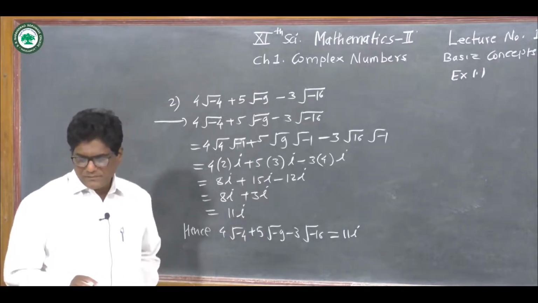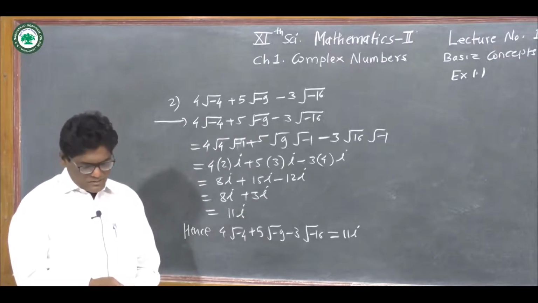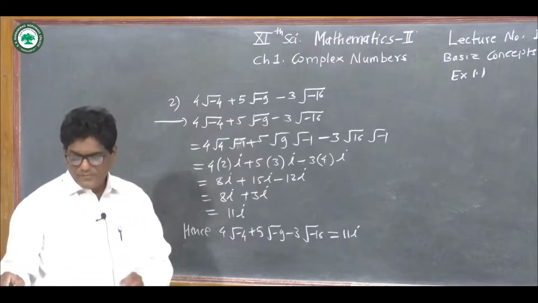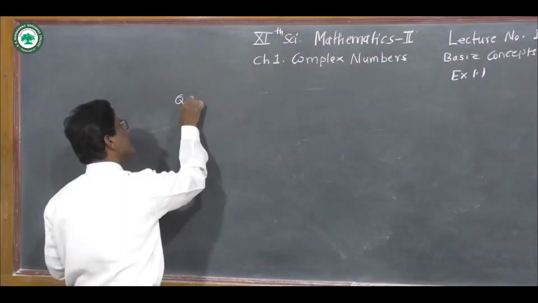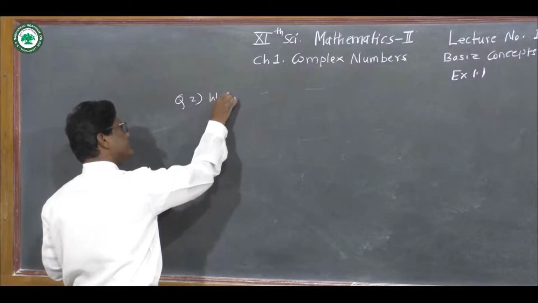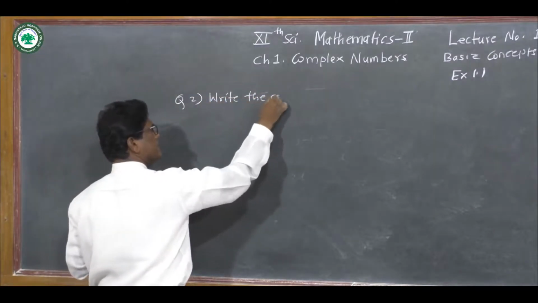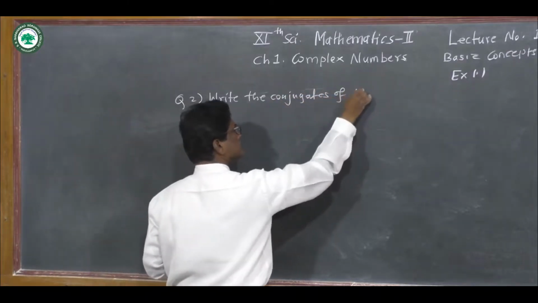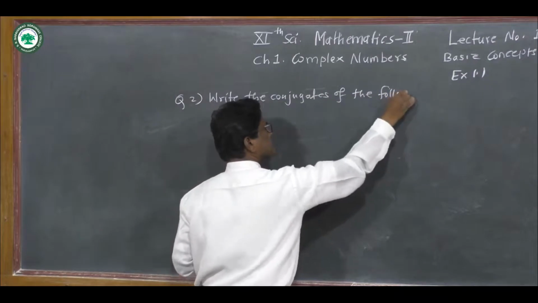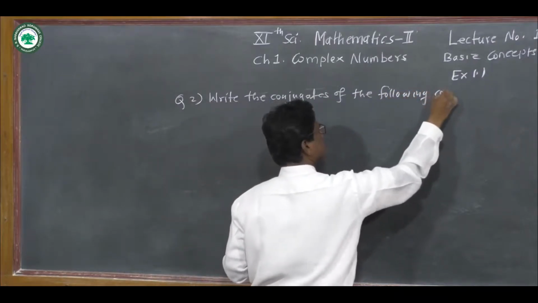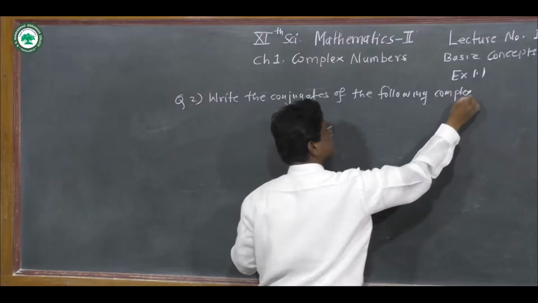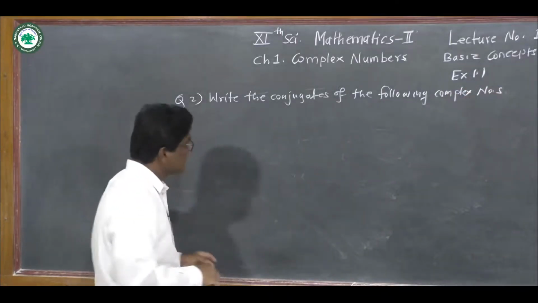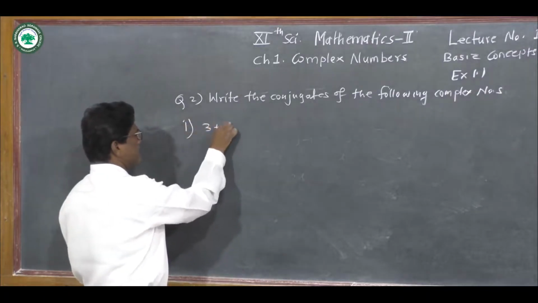Now question number two: write the conjugates of the following complex numbers. First example, 3 plus i.